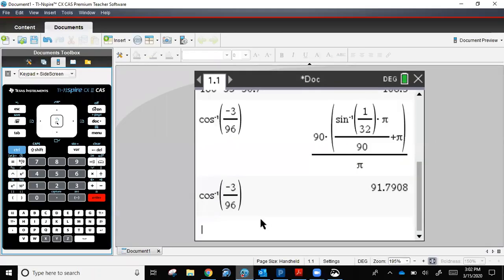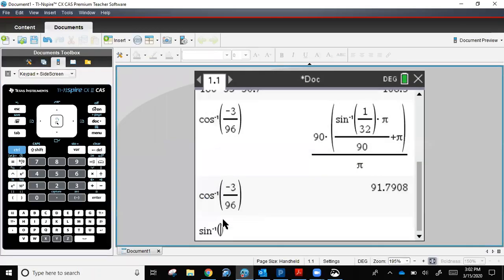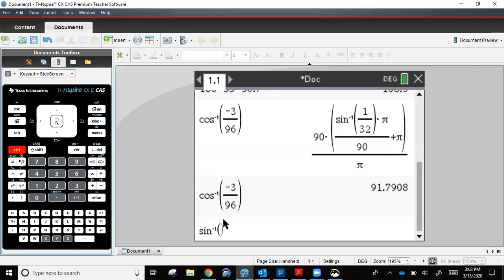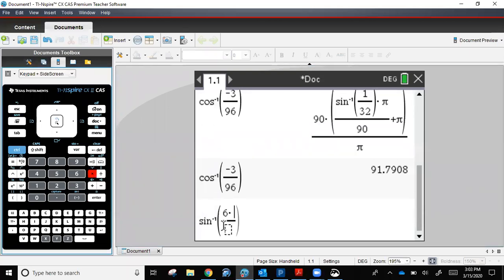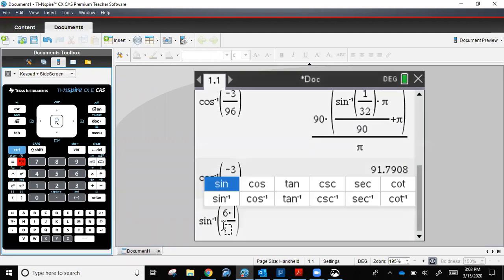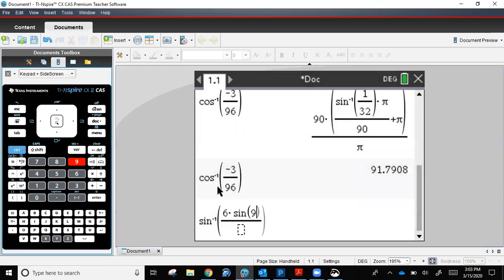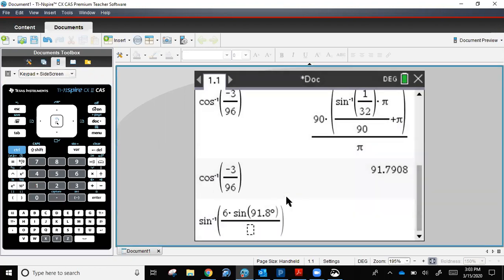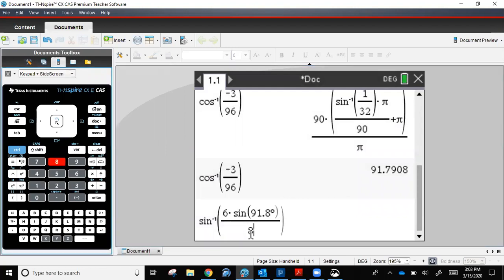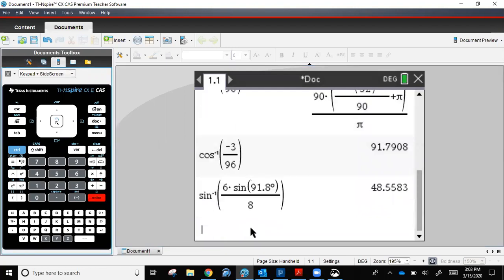So calculator, inverse sine of 6 times the sine of 91.8 degrees divided by 8 gives you about 48.6 degrees.